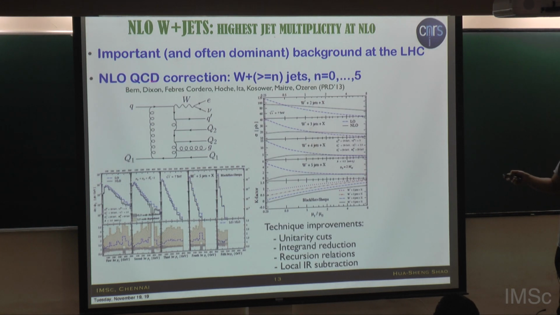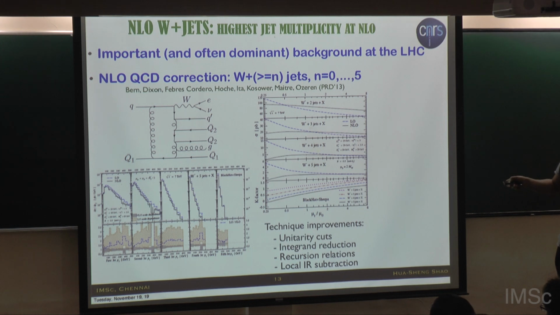In 2013, there were groups, Sherpa and BlackHat. They actually calculated W plus N jets, N equals 0 to 5 jets. I think it's their proudest calculation and they put it on the Slack web page, I think.